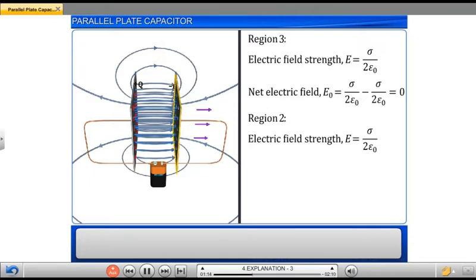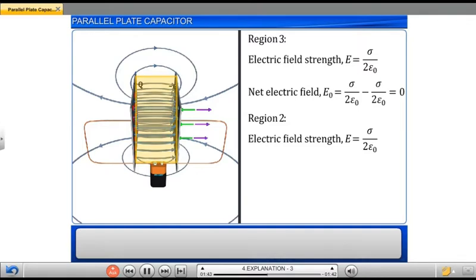Due to the negative plate of the capacitor, the electric field strength E is equal to sigma by 2 epsilon naught, directed towards the negative plate and towards the right. Region 2, which is in between the plates, has two electric fields of equal magnitude, sigma by 2 epsilon naught, which are both pointing towards the right.